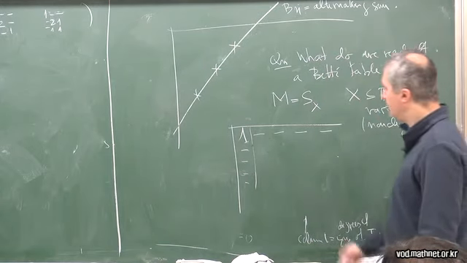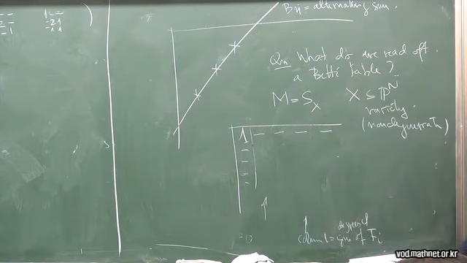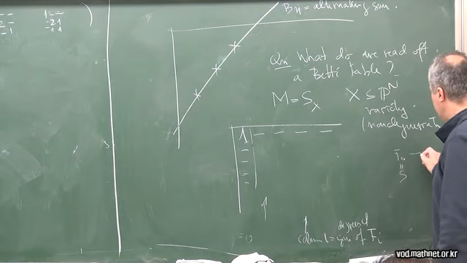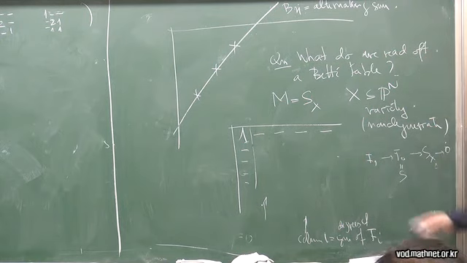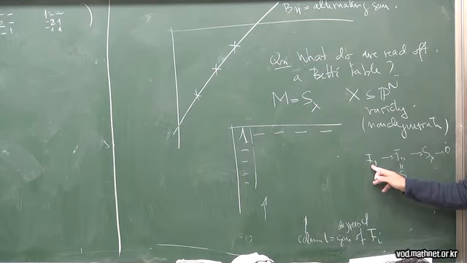On the second column we read the degrees of the generators of F1. But what was F1? So F0 is S, S goes to Sx, goes to 0. And now F1 will keep track of the generators of the kernel of this map, but the kernel of this map is the ideal. So F1 keeps track of the generators of the ideal.